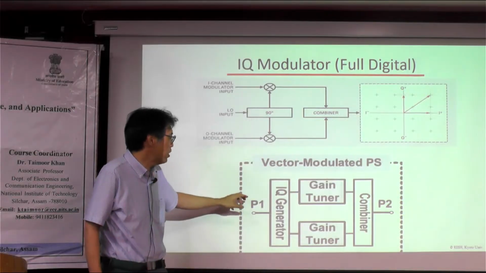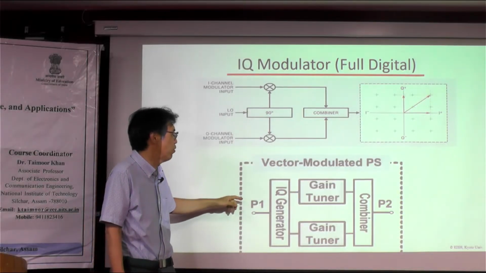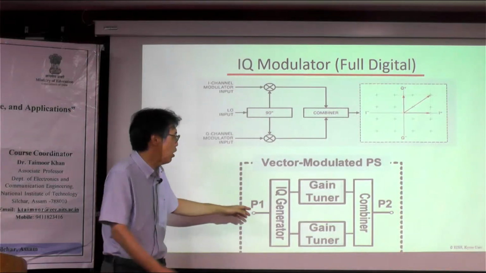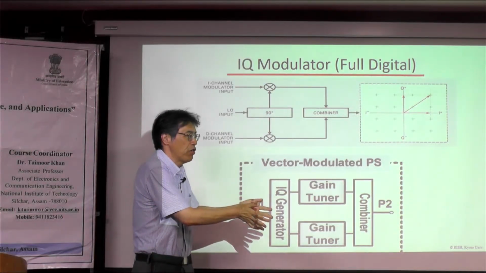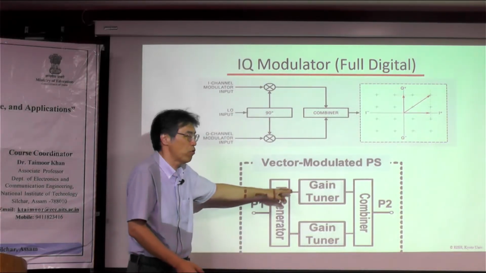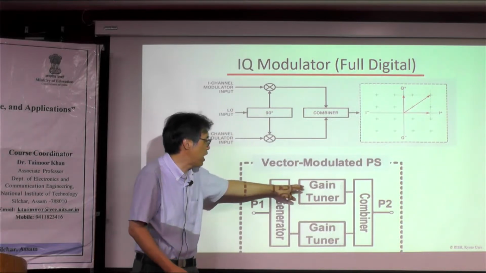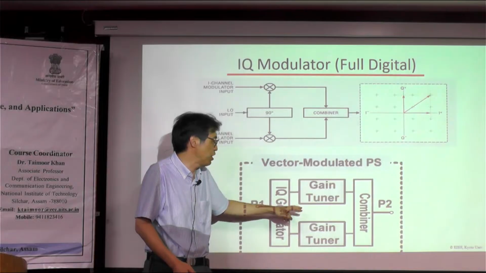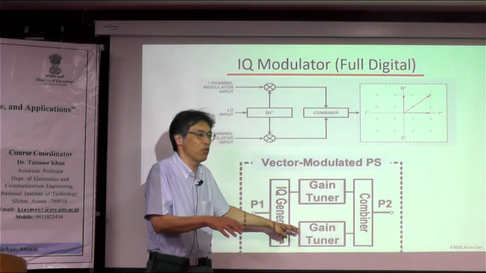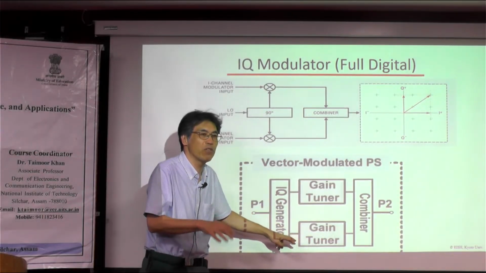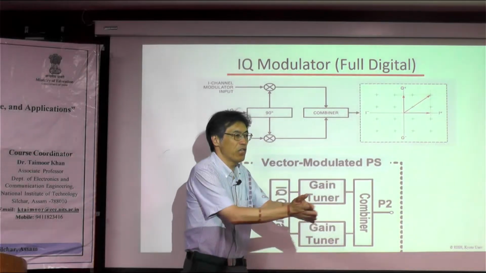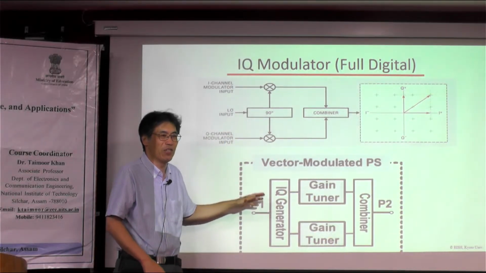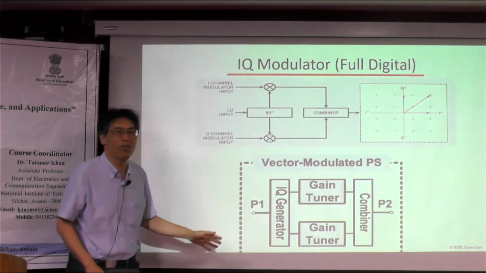So originally, for example, we input a radio wave with amplitude 1, and we divide this signal into 2, and we control the gain. For example, this line keeps at 0.5, but this line decreases the amplitude to 0.3 or 0.2, for example. As a result, we can control the phase. So efficiency is very, very poor, unfortunately.